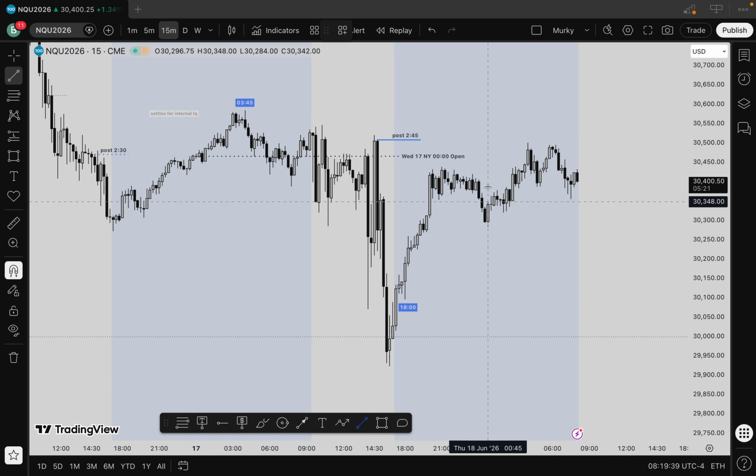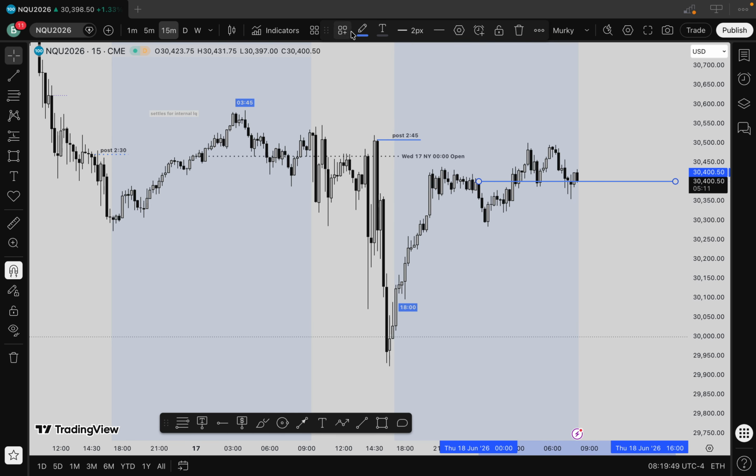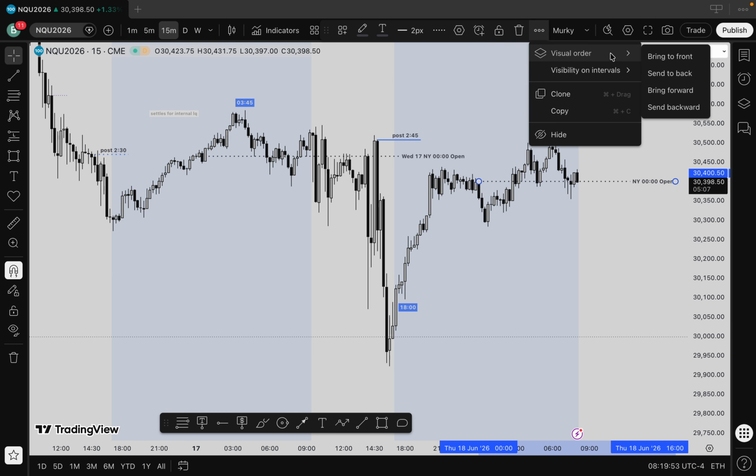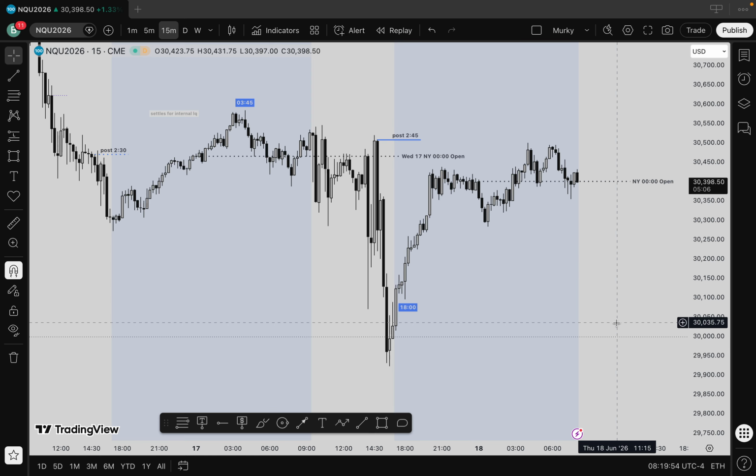I have to also label the midnight open price of the current day, so it's this level here, midnight open. So at the moment I have to wait for more information, but I think it's 60% odds that we are going to see lower prices.